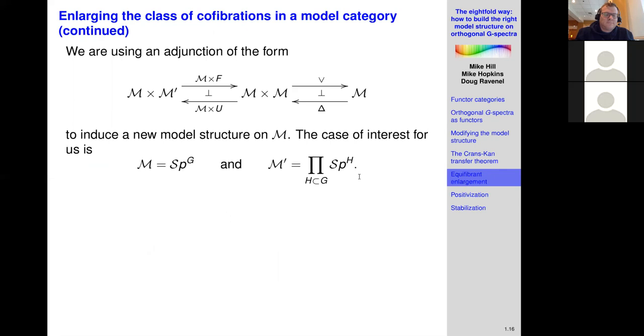And the case of interest for us is the following. M is the category of orthogonal G spectra, and M prime is the product over all proper subgroups H of G of SpH. That's the case of interest for us.